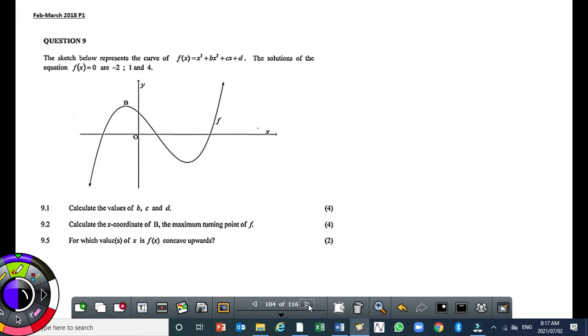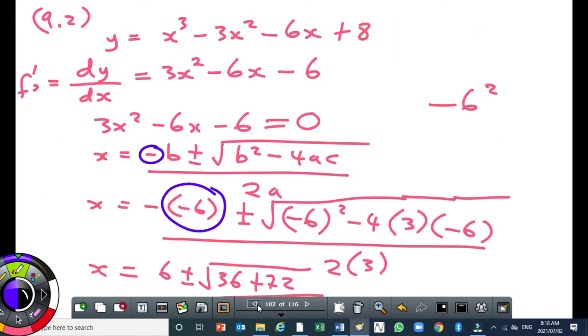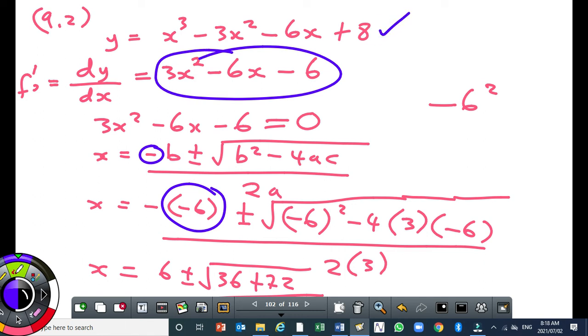Now, in my case here, I'm going to do it both ways. The first method, method 1, I'll use the second derivative. My second derivative is the derivative of the original cubic function's first derivative.